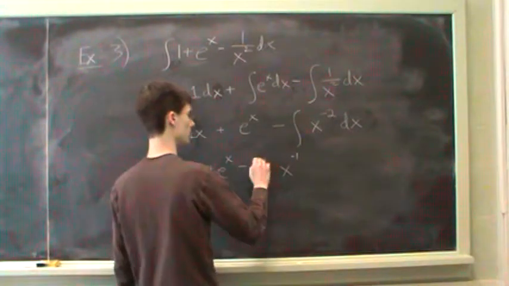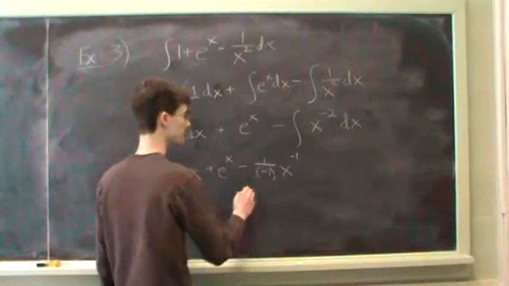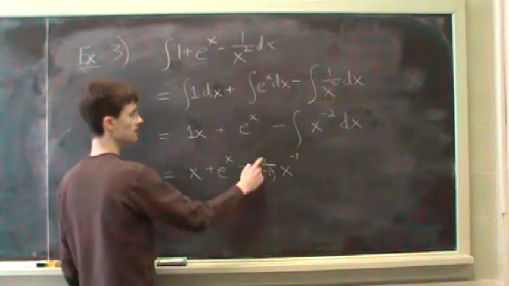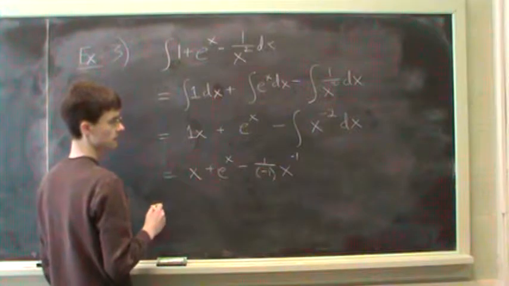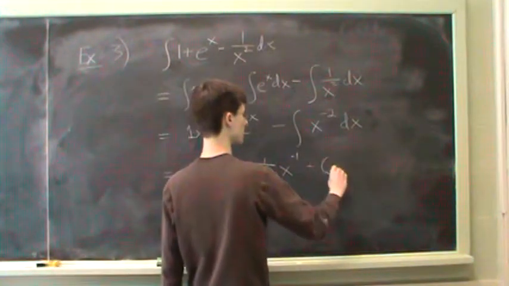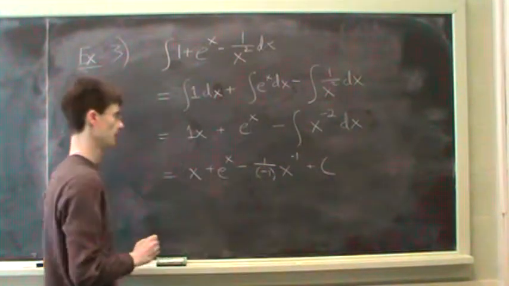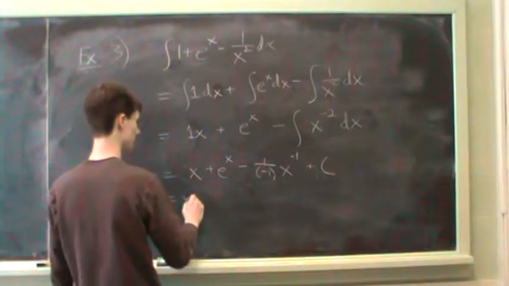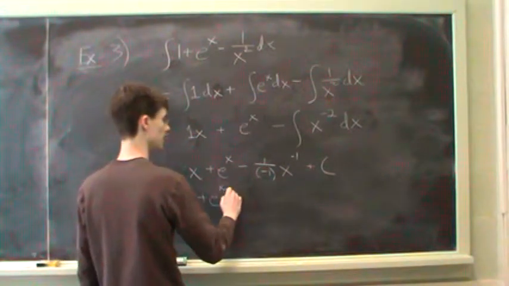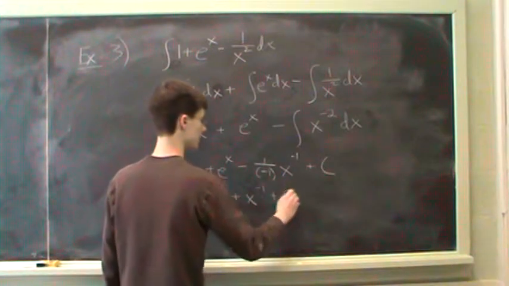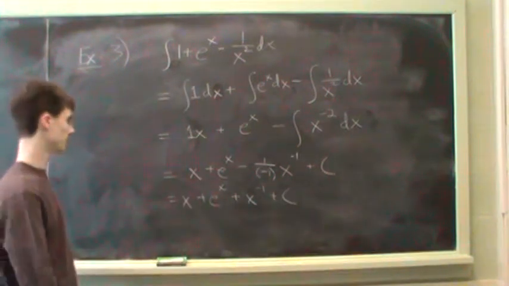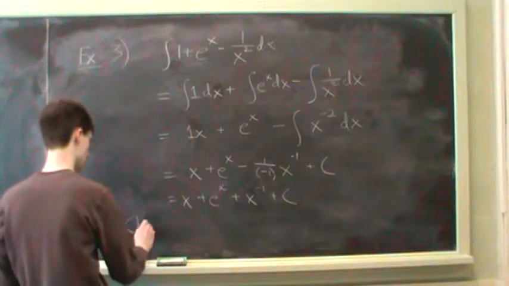And then to compensate, we divide by the new exponent. And then we'll get a constant of integration. We can simplify that to get x plus e to the x plus x to the negative 1 plus a constant of integration.